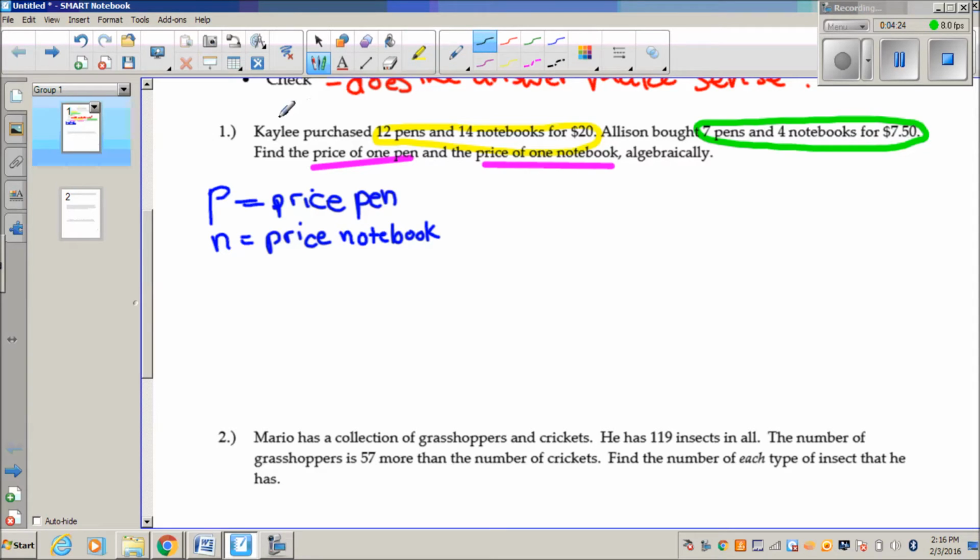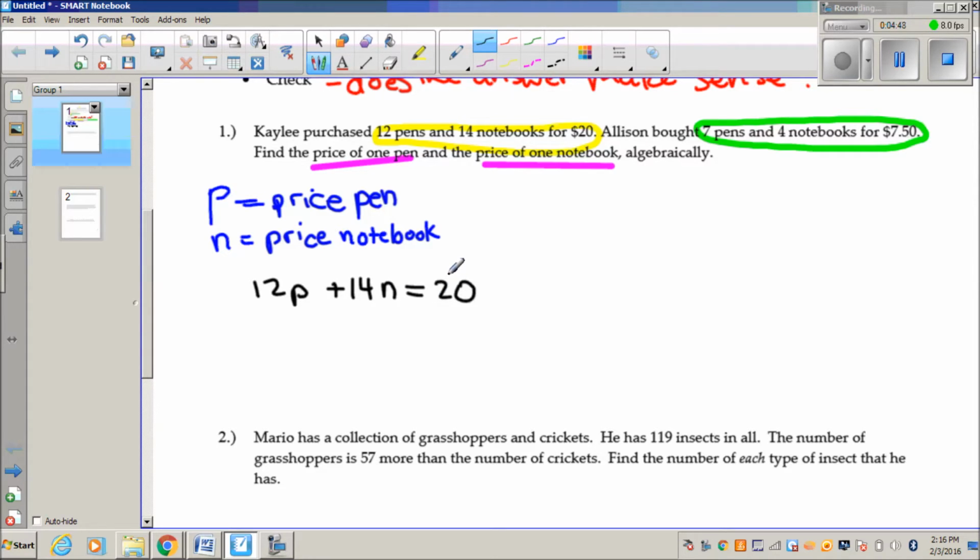It says Kaylee purchased 12 pens and 14 notebooks for $20. So that's what I'm going to use in my first equation. She chose 12 pens, so 12 times P, whatever they cost, plus 14 notebooks, 14 times N, equals $20.